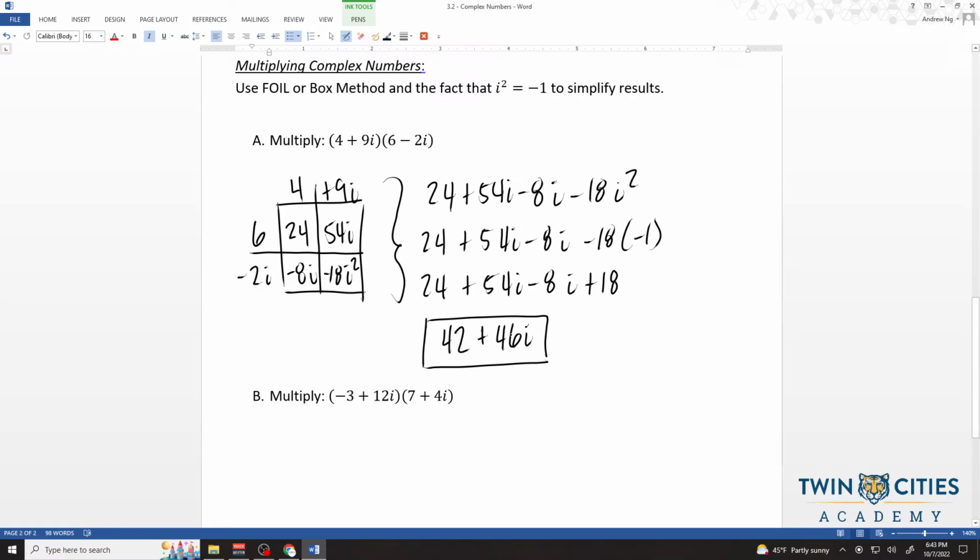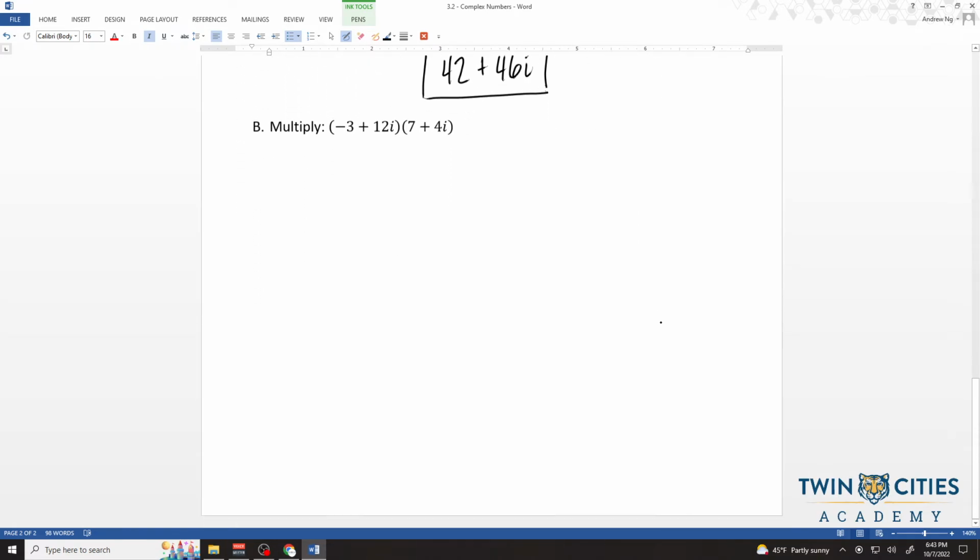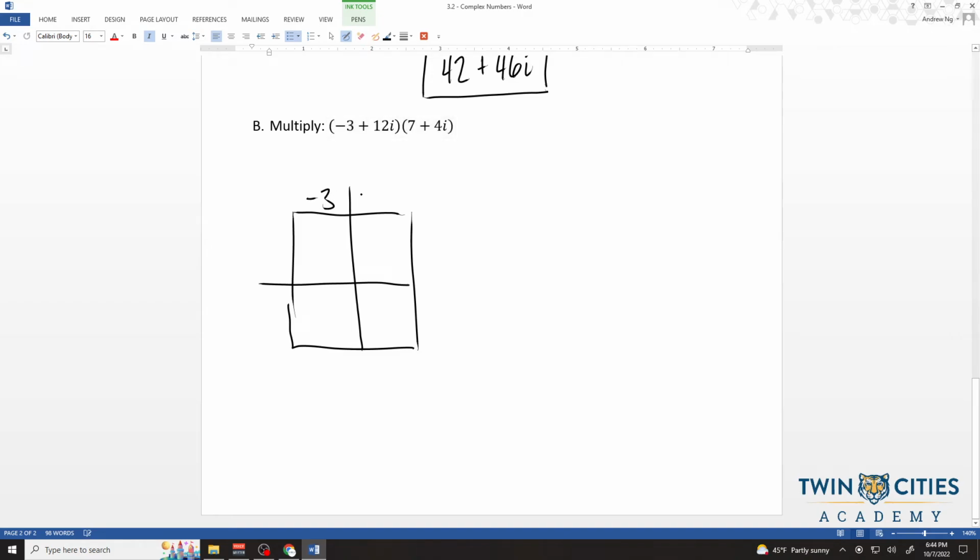Okay, one more. Let's say I've got negative 3 plus 12i, and I'm going to multiply it to 7 plus 4i. So let's set up another box. And along the top, I'll put negative 3 plus 12i. And down the side, let's do 7 plus 4i.